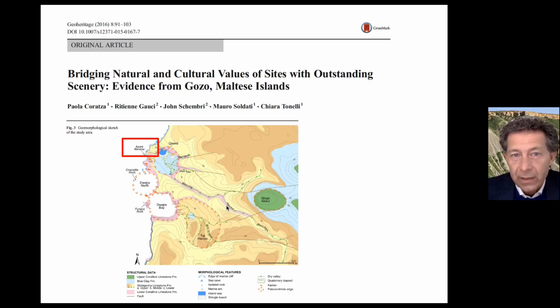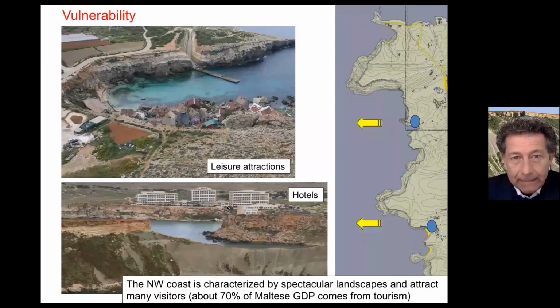The cultural values of this site reside also in the fact that this area was considered of high value by the Maltese Knights, the Knights of Malta, who were also participating in the Crusades, who were running the island for quite a long time in historical periods. So you may have understood that the vulnerability of the Maltese Islands, such as of other areas in the Mediterranean, is quite high.